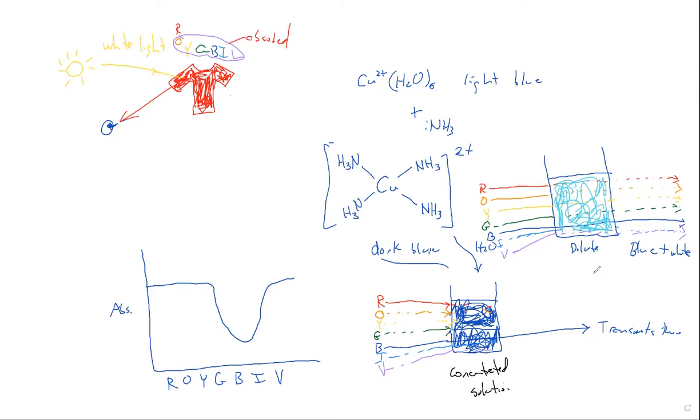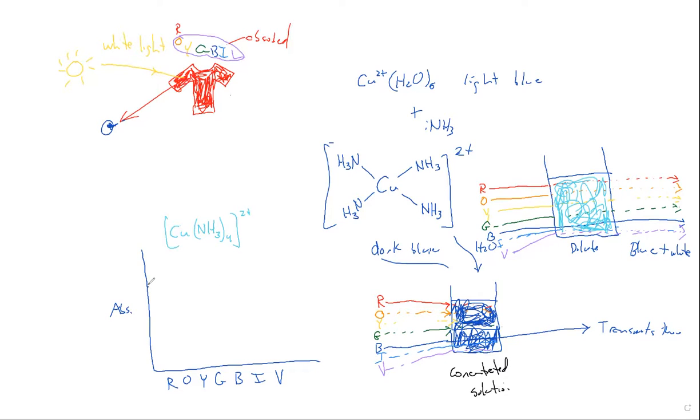Now if this is our absorbance of the copper tetraamine complex, it's going to absorb in the blue region. I'm going to extend my curve down all the way to 0.